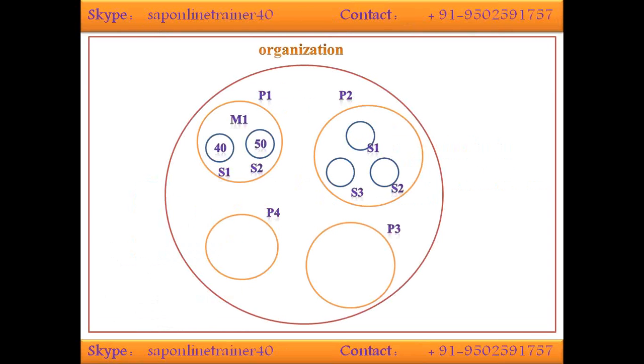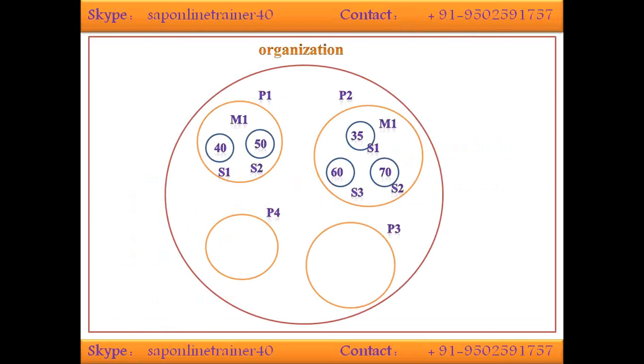And the material M1 is present in this other plant P2. Our material M1 can be present in many plants such as P1, P2, P3, P4. Now our material M1 is present in plant P2 at storage location S1 with quantity, for example, 35 kgs, at storage location S2 with quantity 70 kgs, and at S3 with quantity 60 kgs.